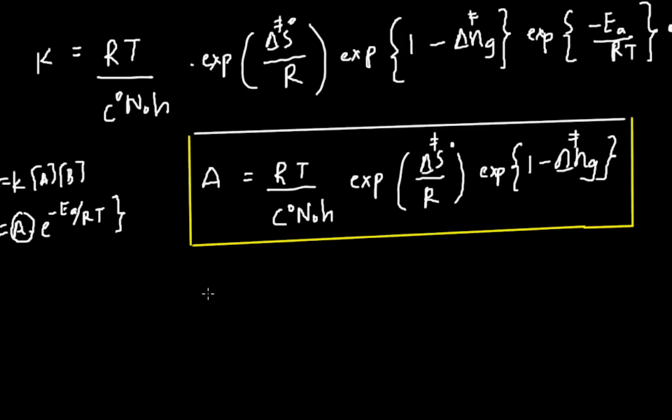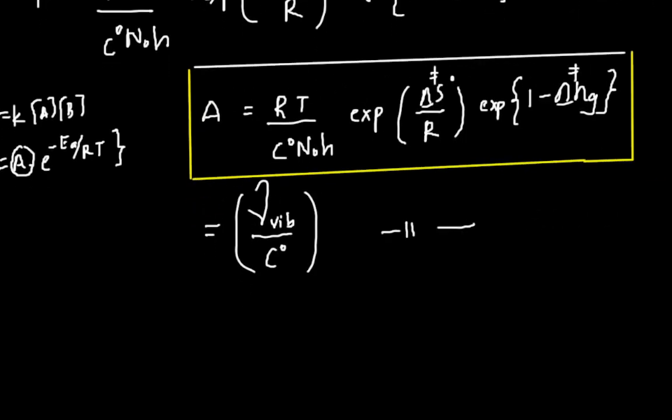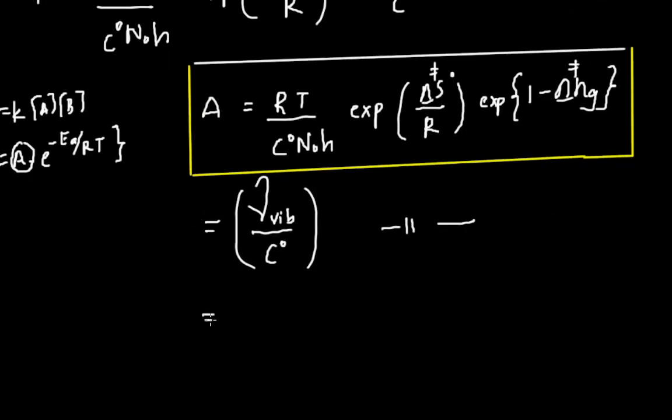Okay, so this is actually RT by N naught h, again that frequency, vibrational frequency by C naught, and the same thing holds good. Or it is also equal to kB T by h.